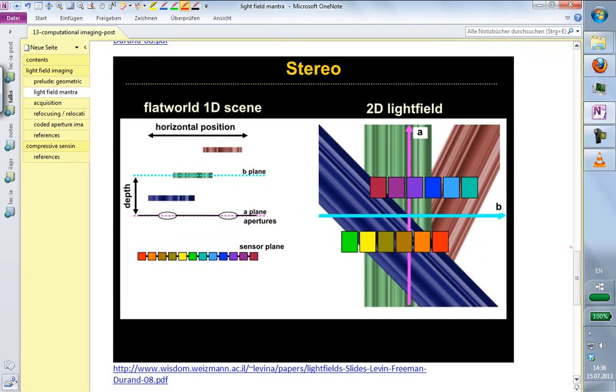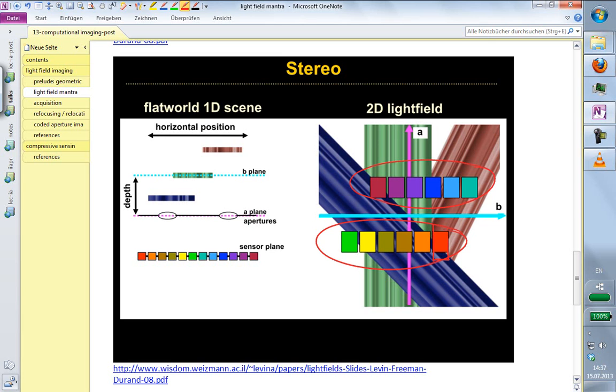And we have these two lenses. If you remember again what the pinhole camera looked like, this is like two pinhole cameras, except one is shifted to smaller A values and the other is shifted to larger A values. If we just had two pinholes, it would be two pinhole cameras, but really we have two lenses.